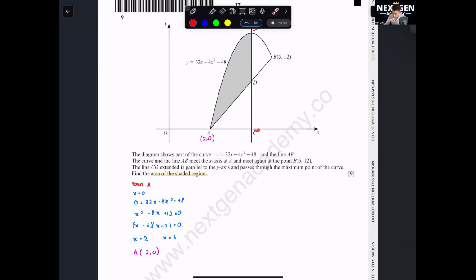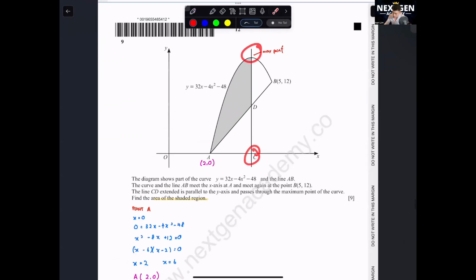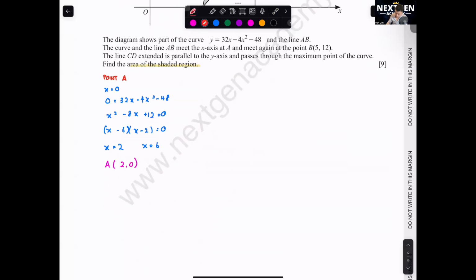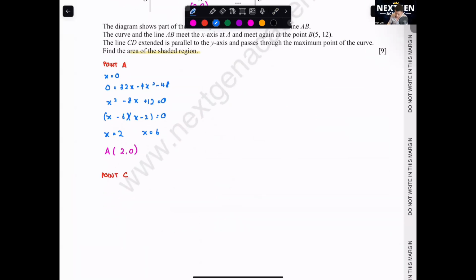Second one, what can I find? Can I find point C? Because this one is your maximum point. Maximum point means we can do dy over dx equals 0. So I'm going to do the second one, point C, which is dy over dx equals 0 at the maximum point. I'm going to find the x coordinate of C first.